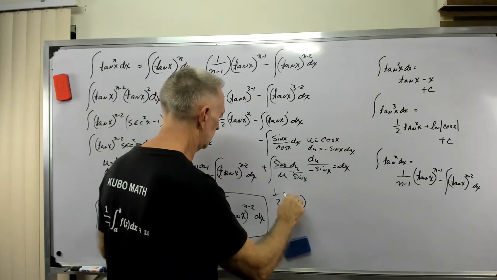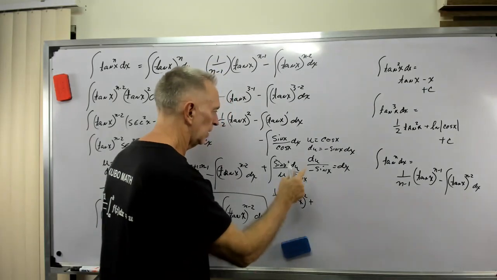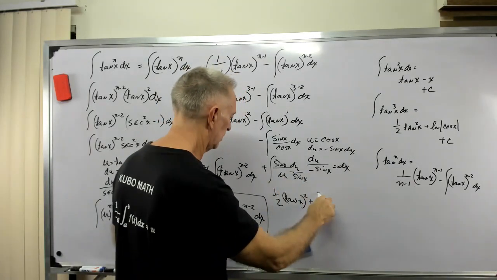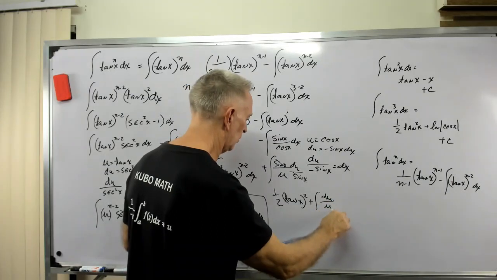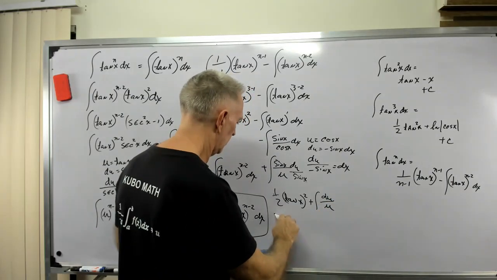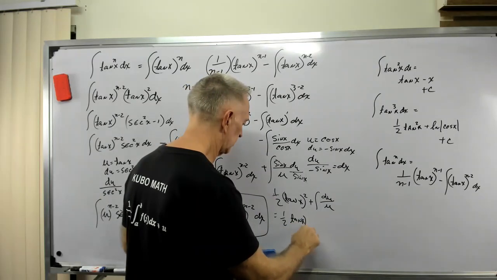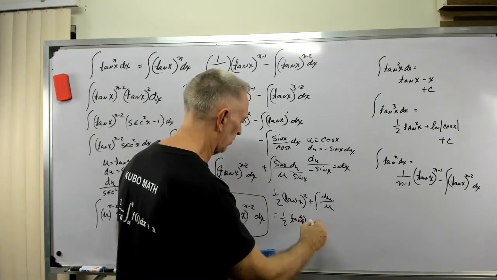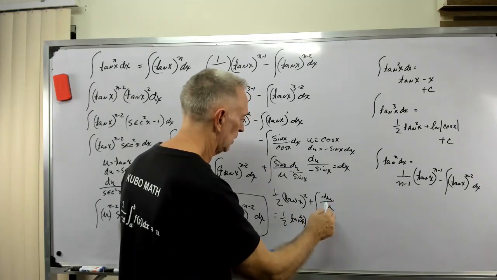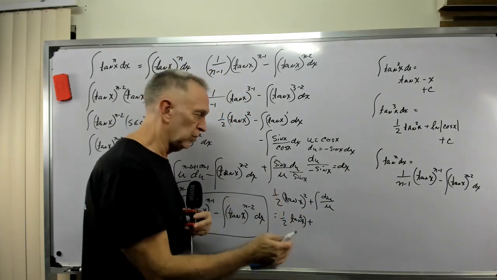So I end up with this 1/2 tangent squared x plus the integral of du over u. Well, that equals 1/2 tangent squared x, I'll put it back in its normal form here, plus the integral of du over u. That's the natural log of u.